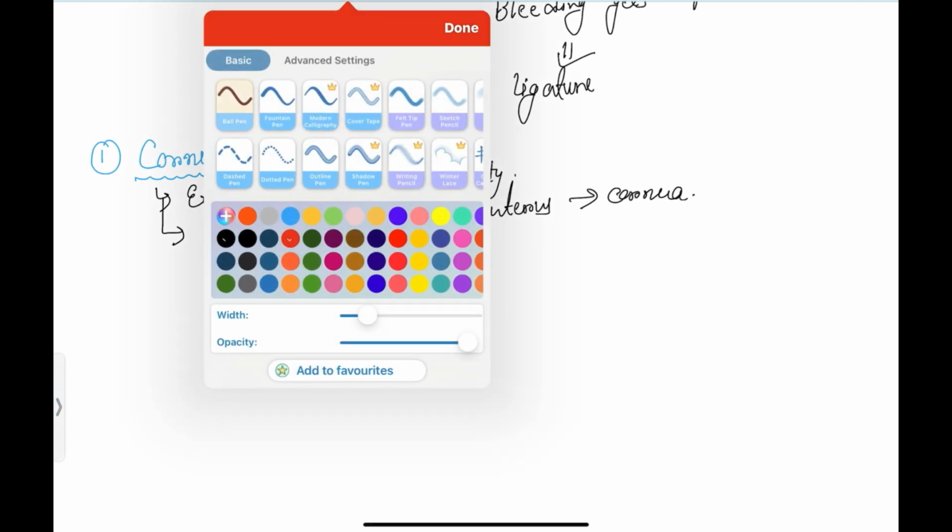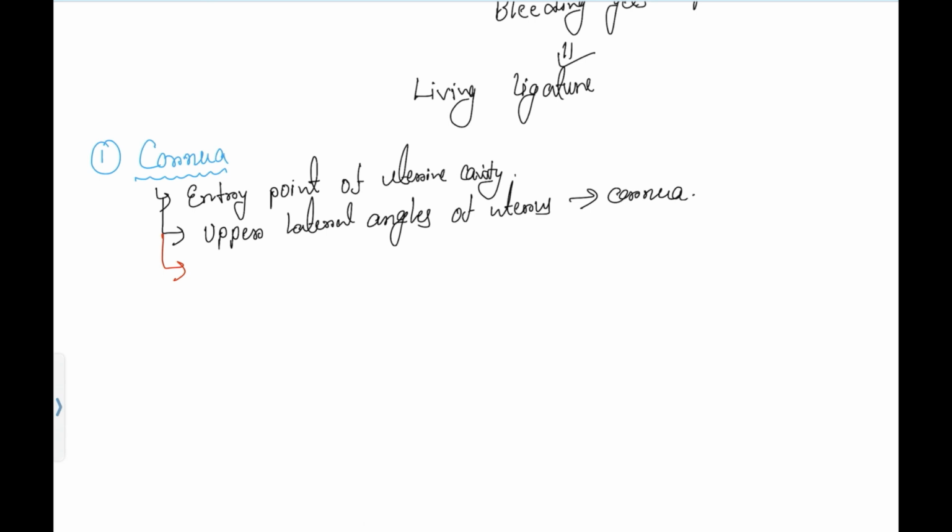And this is the main important characteristic: the cornua is called the pacemaker of contraction. From here the contraction starts.